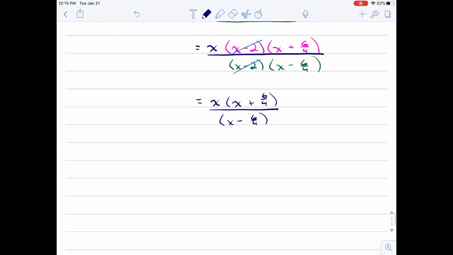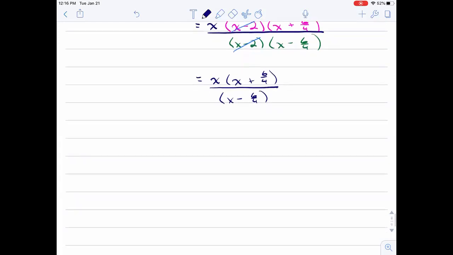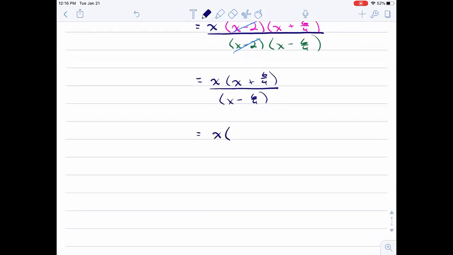My preferred trick, if I need a 4 in the bottom here for this x, I need to rewrite x as something over 4. Well, what if I just rewrote it as 4x over 4, multiplying by 1? That's allowed. So inside the brackets, I'm looking at x times 4 over 4 plus 6 over 4. And then I'm going to do the same thing in the denominator.